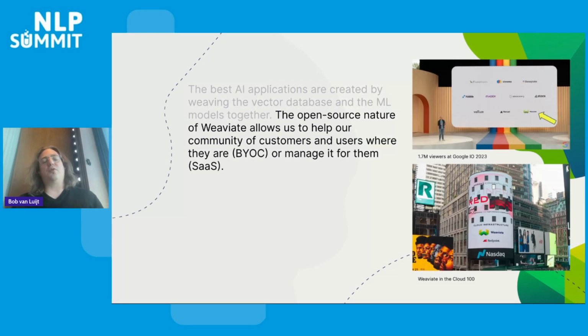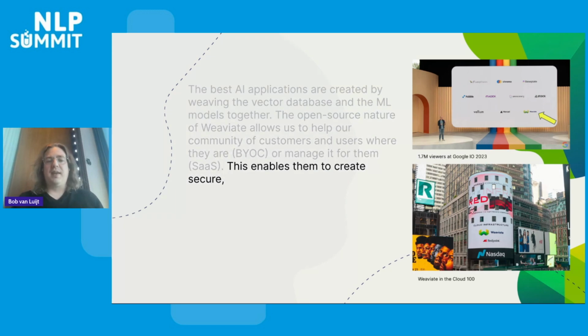And Weaviate is open source, so that means that it allows our community of customers and users to use Weaviate any way, shape, or form that they want. So we have, of course, open source, we have containers, Kubernetes setup, embedded, but we also have serverless SaaS, we have bring your own cloud. So really depending on how you want to consume the database, we have that for you.